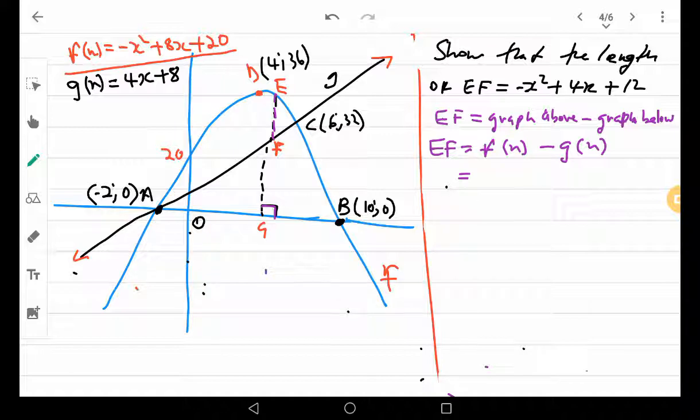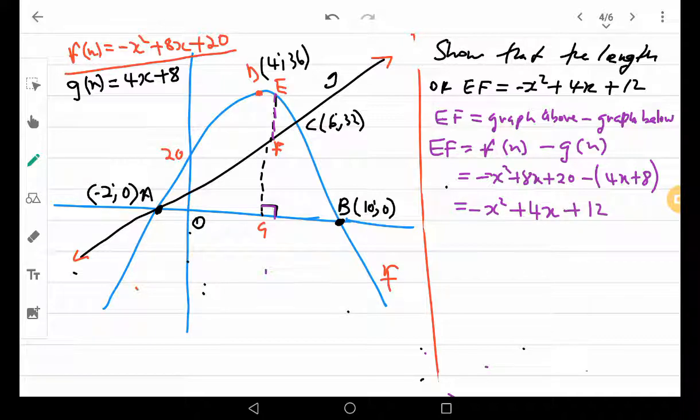Then what is my f of x? F of x is minus x squared plus 8x plus 20, minus g of x, which is 4x plus 8. Then we subtract them and get minus x squared plus 4x plus 12.